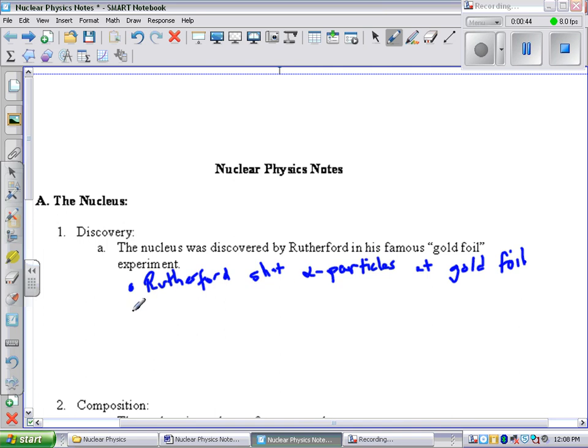And what he found is that the great majority of them, greater than 99.99%, went straight through. And from that, he determined that the atom is mostly empty space.